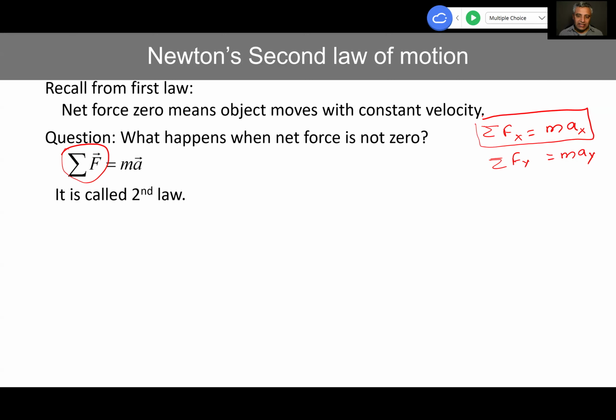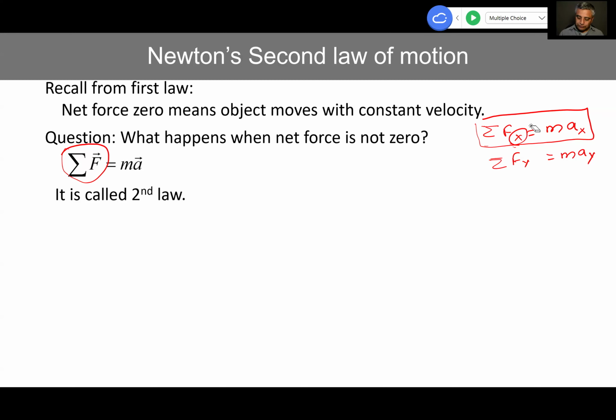Remember, we did practice reading the kinematic equation. Now, this is another equation we're going to be using often. So how do you want to read this? Sum of forces in a direction, in this case the x direction, is equal to mass times the acceleration in that same direction.